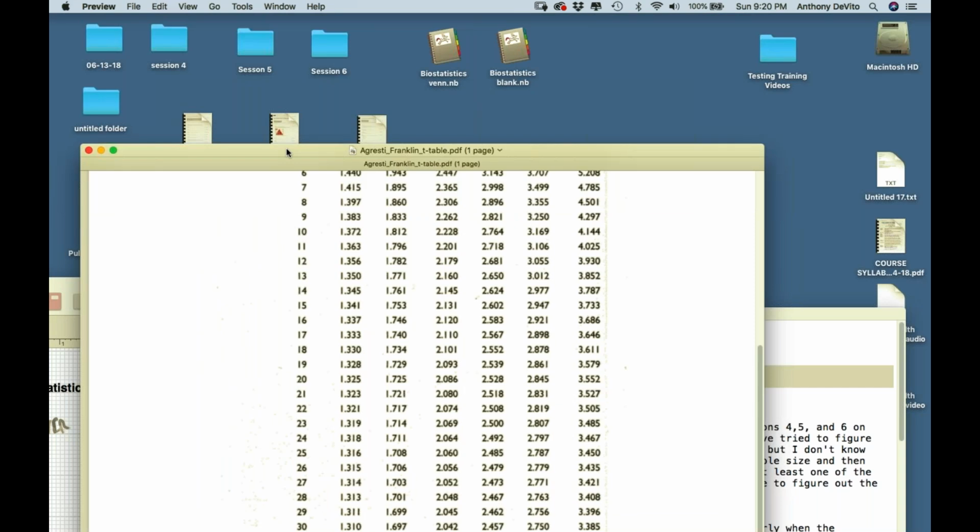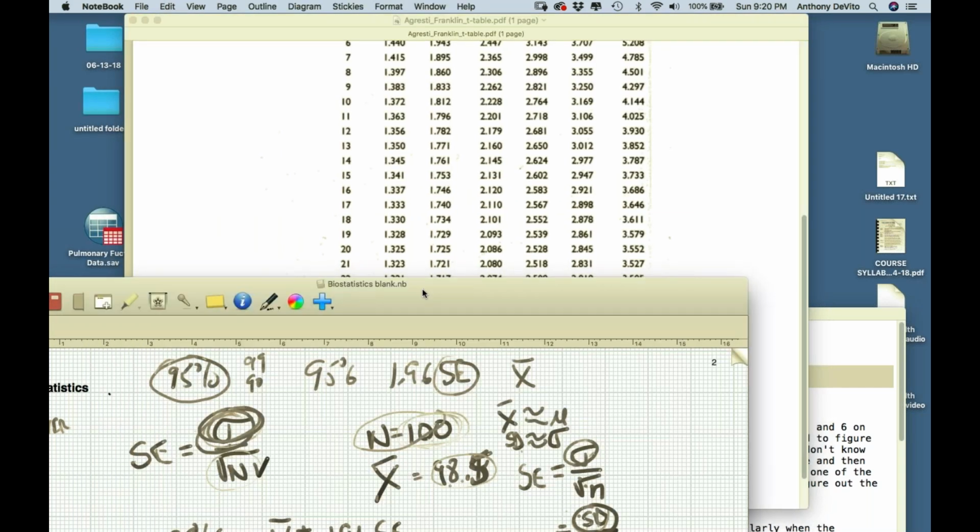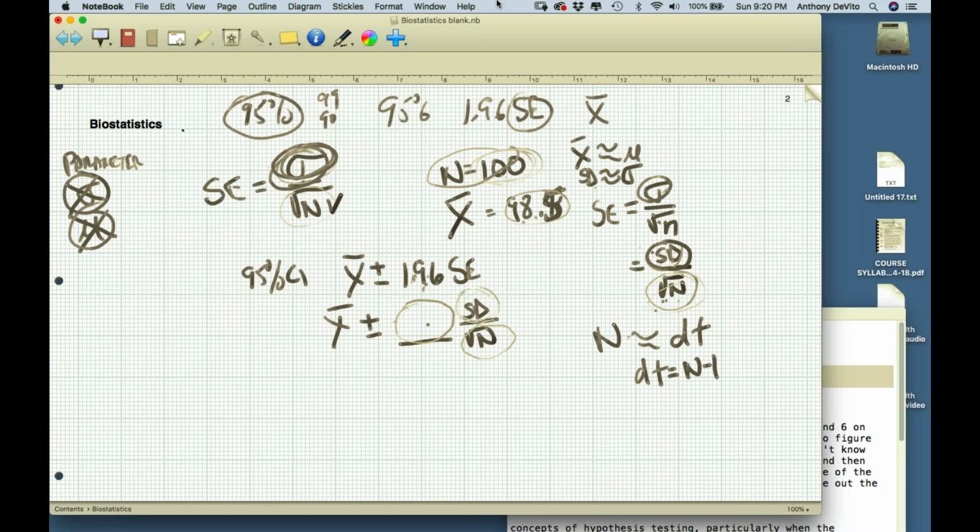So when I go back here to work on this problem, instead of putting in the z value for 95% confidence, which would have been 1.96, I use x bar plus or minus the t value for the sample size 100, which was 1.98, times the standard deviation for the sample.